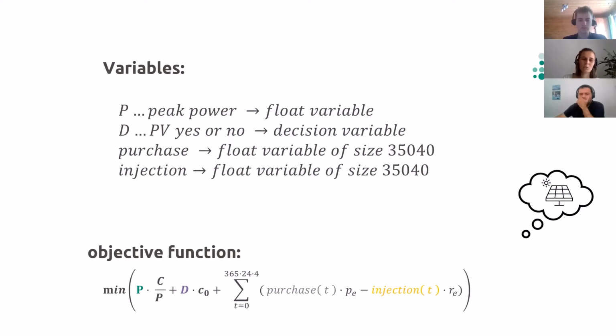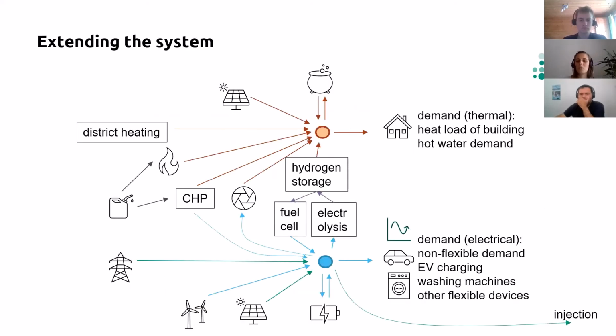And this problem can be solved for a house and the PV panel, but the problem within the project is that we do not consider only houses with PV panels, but a whole system of technologies. Here you see that we want to include wind, batteries. We also want to do sector coupling, so we also model the heat demand and heat production.